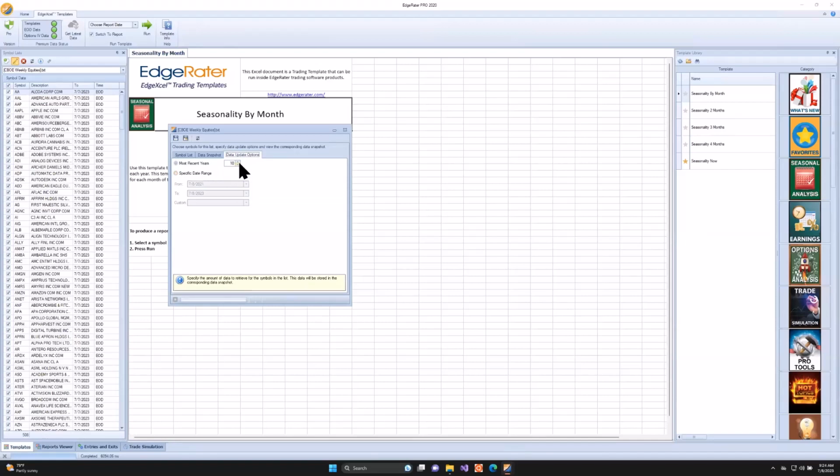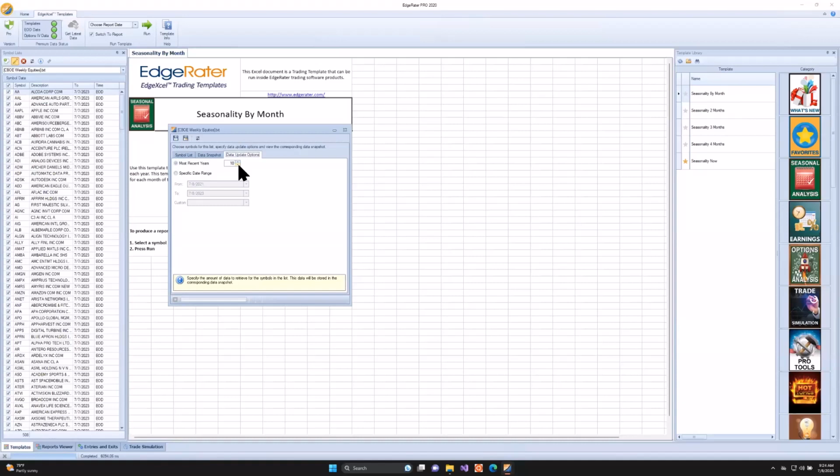But you can also change this. So if you wanted to do a seasonal report over only the last 5 years, you could set this down to 5 years, refresh the data, and then get 5 years of data. Then when you run the template against that list, you're just looking at that 5 years of data.